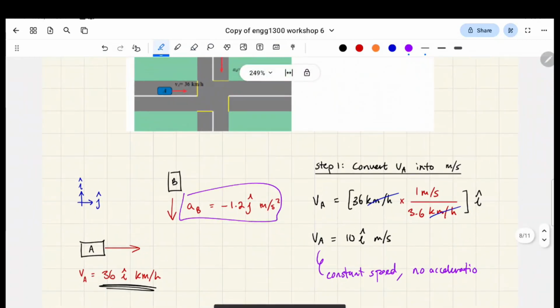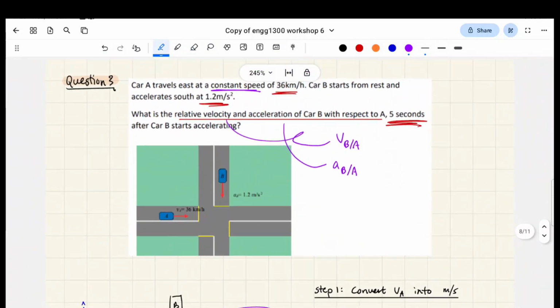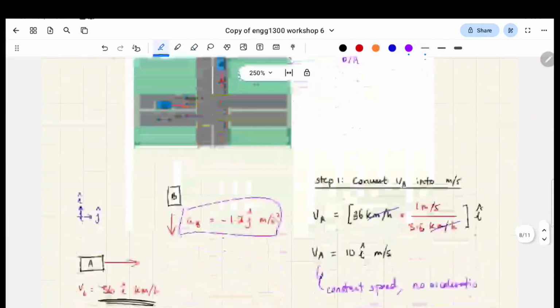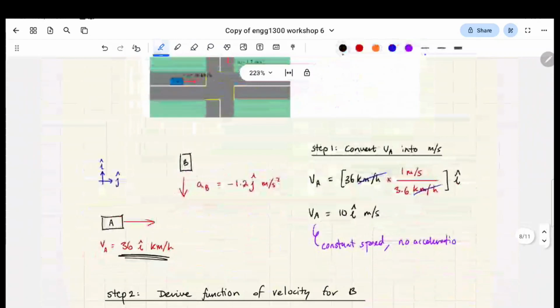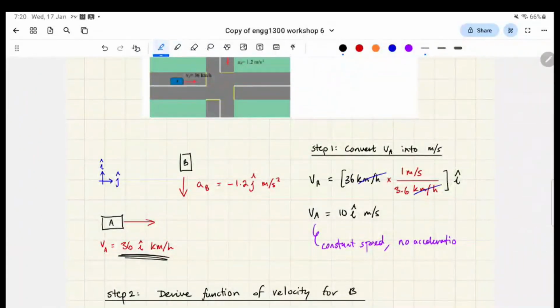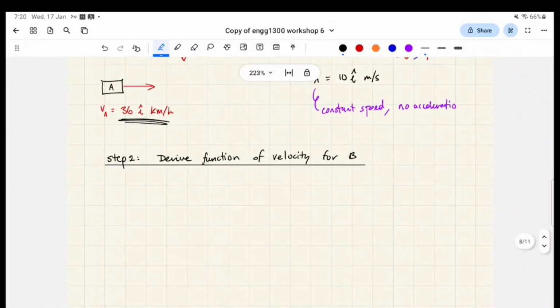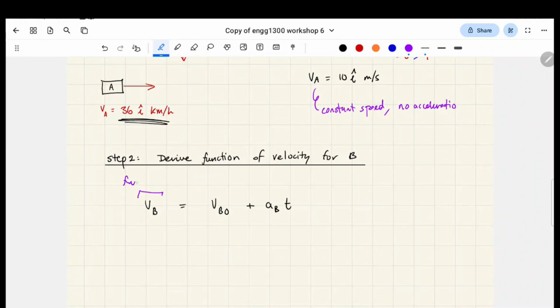And B is going to be a little bit different because it starts at rest. It starts from rest and then accelerates. So this is why it's useful to derive all the equations of motion yourself, because you have a better understanding of how everything will be working. So VB is going to be the initial velocity plus the acceleration multiplied by time. Again, I'm going to reiterate my rule of thumb.